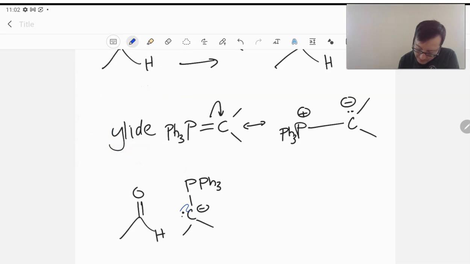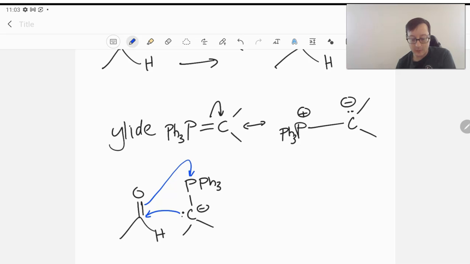And what's going to happen here is we're going to attack our carbonyl, because we have the electrophile of the aldehyde ready to go. And the electrons will technically come up to the oxygen, but typically we see this as a concerted step. So instead, we're going to have it attack the phosphorus.